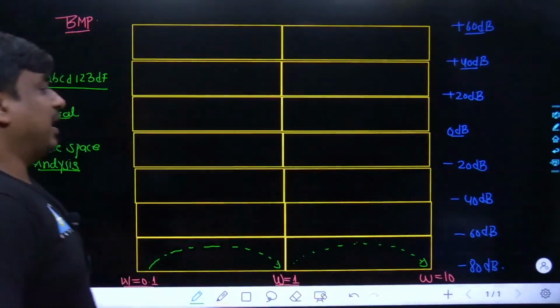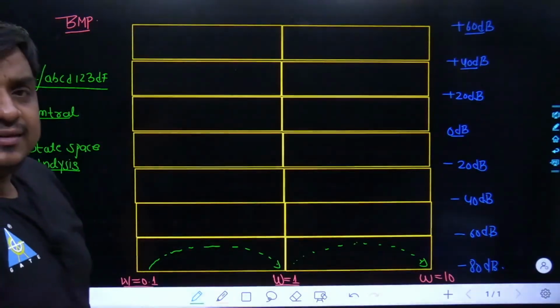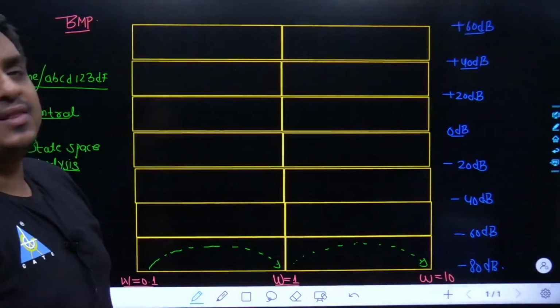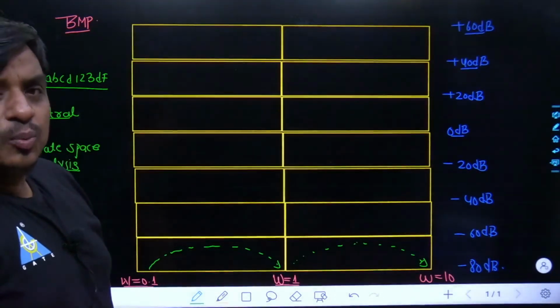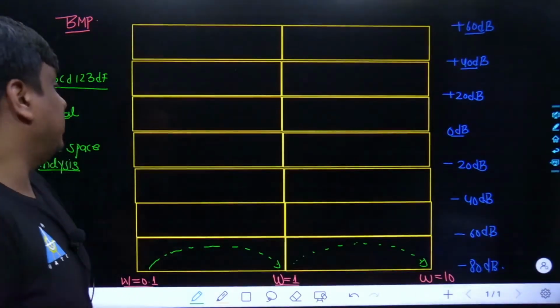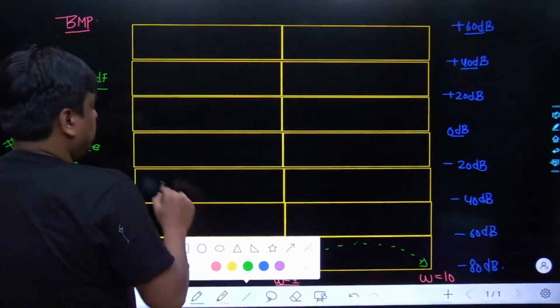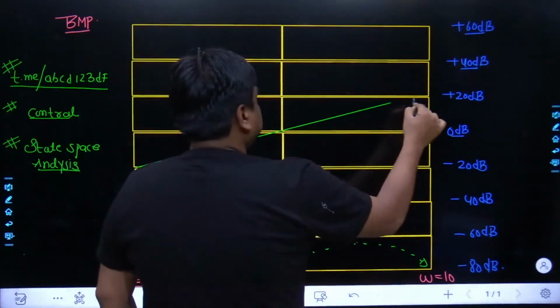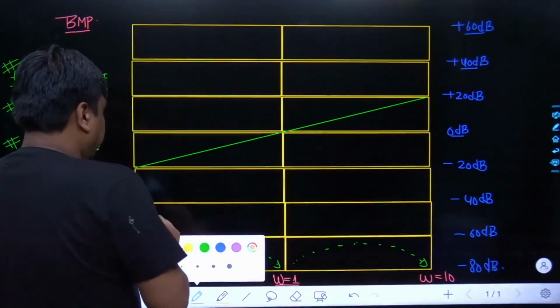Now see what happens. If you take S, what slope did we retrieve in the last class? Plus 20 dB per decade. That means as you move 1 decade forward, the magnitude rises by plus 20 dB per decade. If you take a straight line crossing like this, it is plus 20 dB per decade. How do we know?